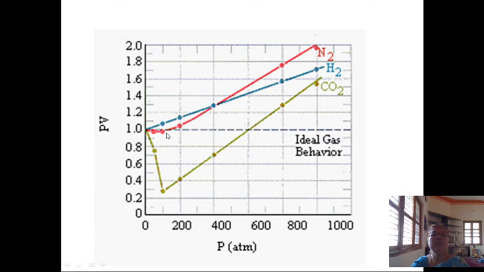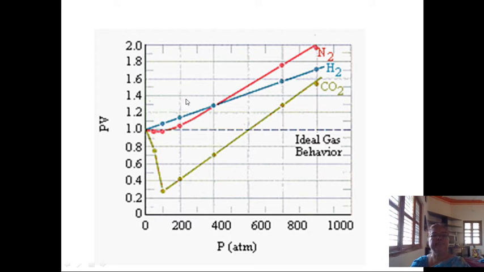In case of N2 gas also, the PV values decrease then increase with increase in pressure, and in case of H2 gas, the PV values are greater than the PV values of ideal gas. Okay, and in case of H2 gas also, the PV values increase with increase in pressure.